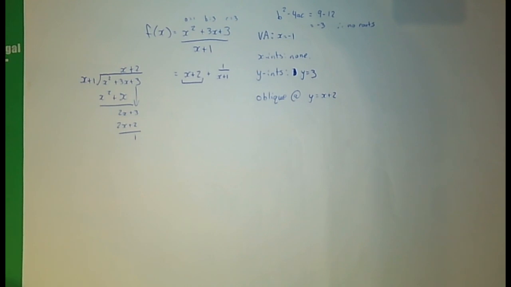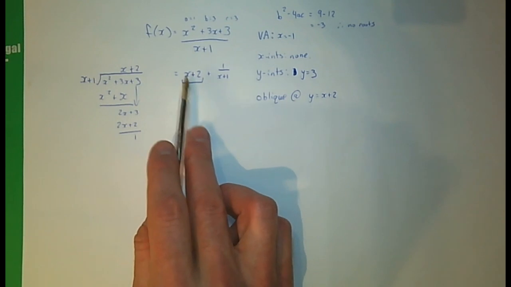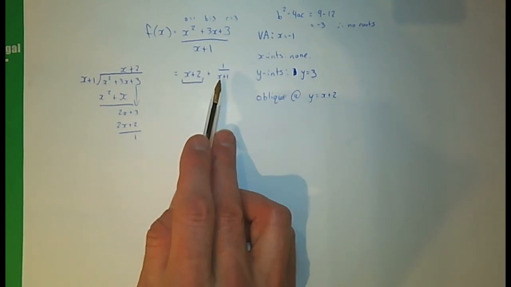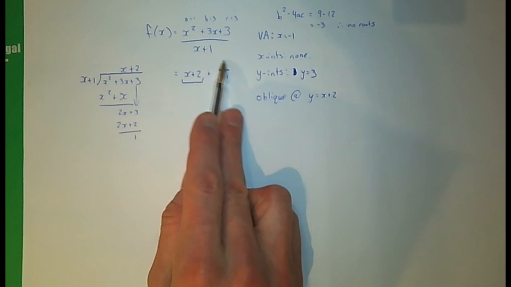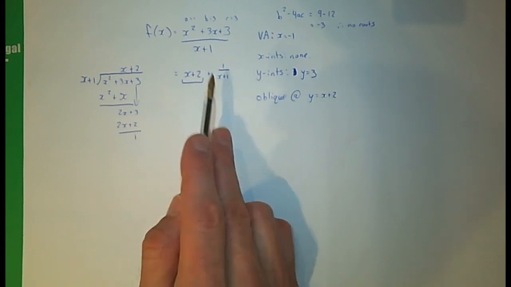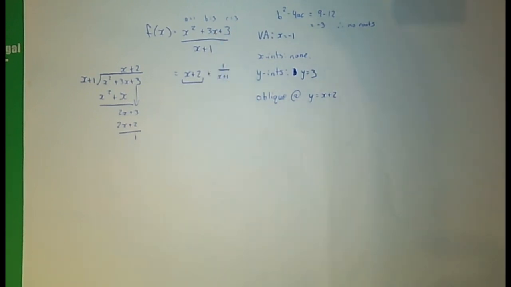That's fine. And so for our end behaviors, we can plug in a really large value for x if we want. Thing is, this is just going to add 2 to it. It's not really telling us anything. When we put in a really large value of x for this, it actually tells us if we're above or below the asymptote.